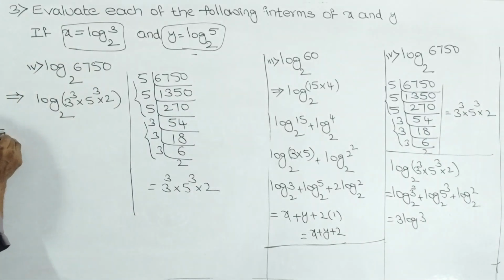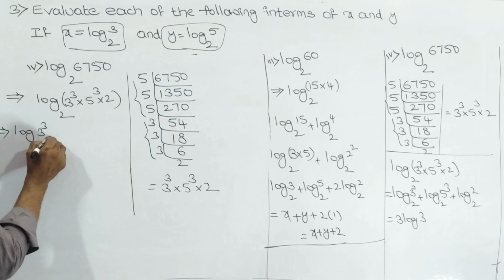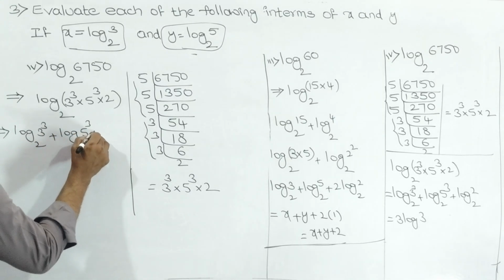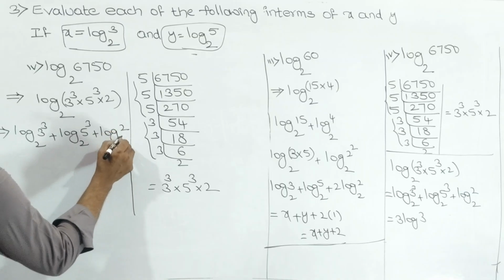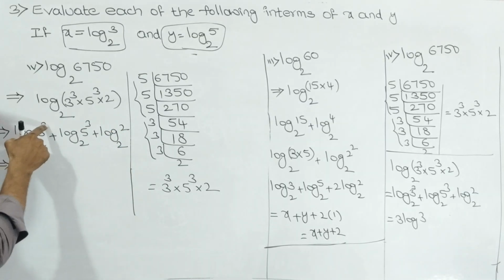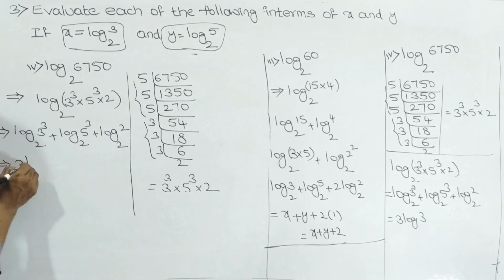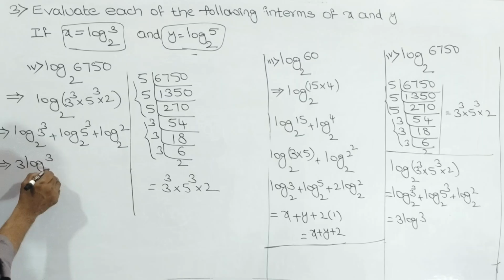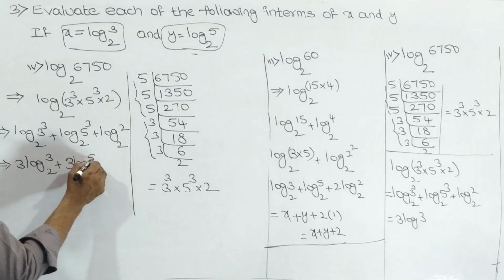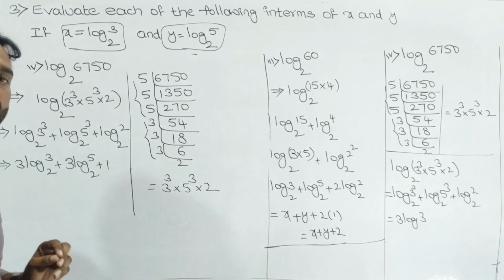So log a, that is 3 cube base 2, plus log b, 5 cube base 2, plus log c, log 2 base 2. It is like log a power m, right? Log a power m means m log a. So 3 log 3 base 2, 3 log 5 base 2, plus log 2 base 2 value 1. Why? Because log a base a equals 1.